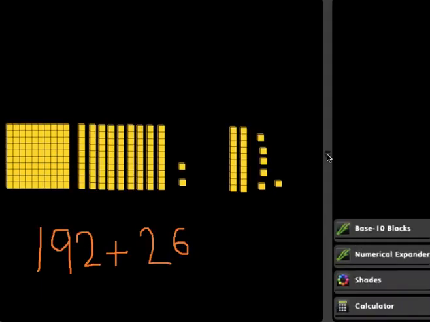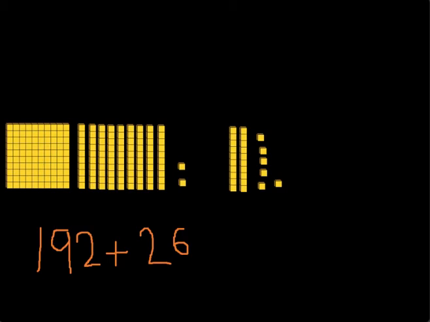Okay, so we have an equation all written out for us here. It says 192 plus 26. So I'm going to start off like I normally do. I am going to move these blocks around so they're easier for me to count. I know I have 9 tens over here.